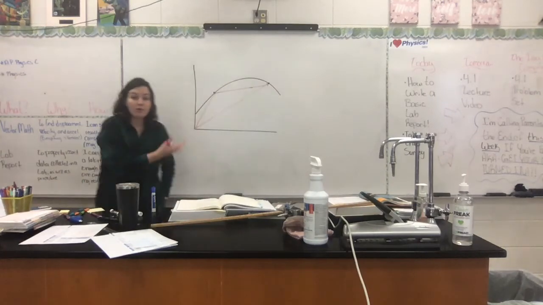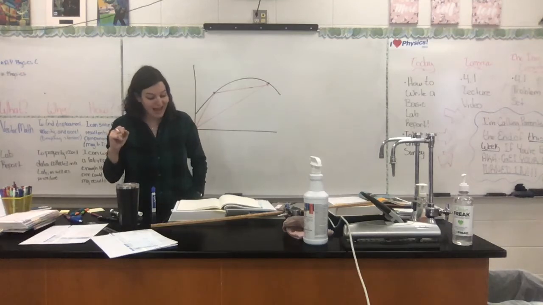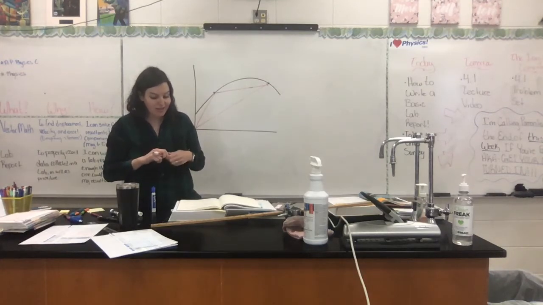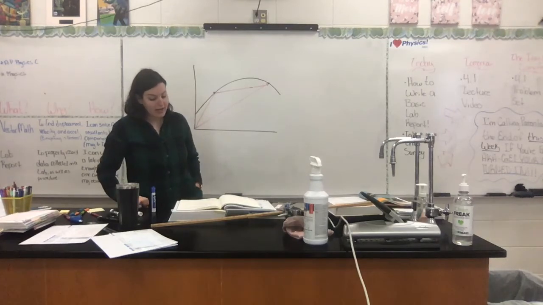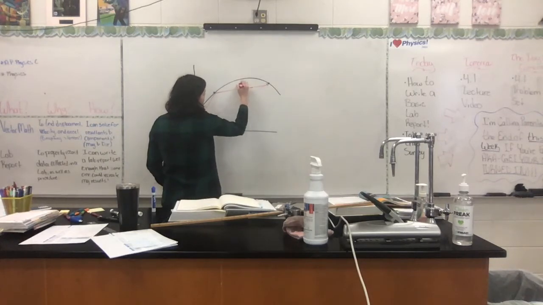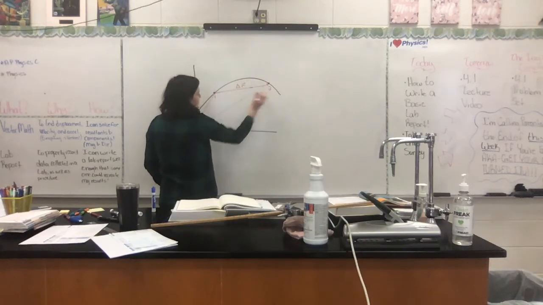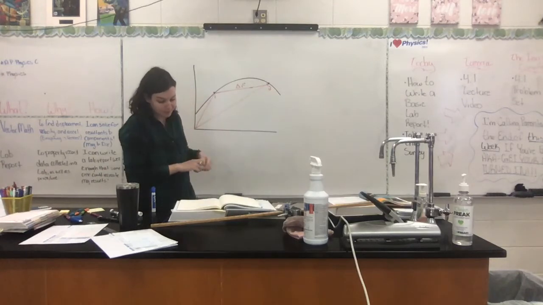So with this graph, we are going to be talking about the average velocity and how it's pointing in the direction of the displacement vector delta R, okay? So this right here would be our delta R. This is our displacement from position 1 to position 2.